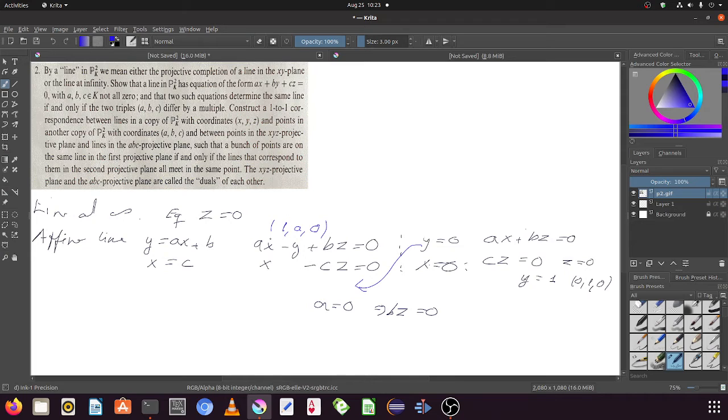What about choosing x equals unity here? Maybe that'll work better.